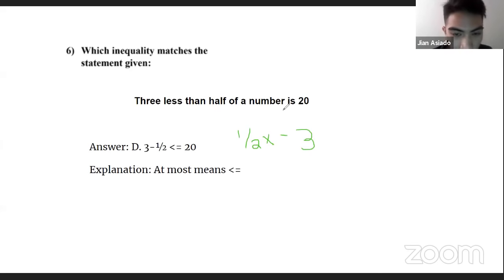Okay. So, yep, this one, kapag greater than or equal, it means, less than pala, less than or equal. Ayan, so at most, yep, at most means like this, no? Ayan, so, yep, reading comprehension to pagdating sa math.